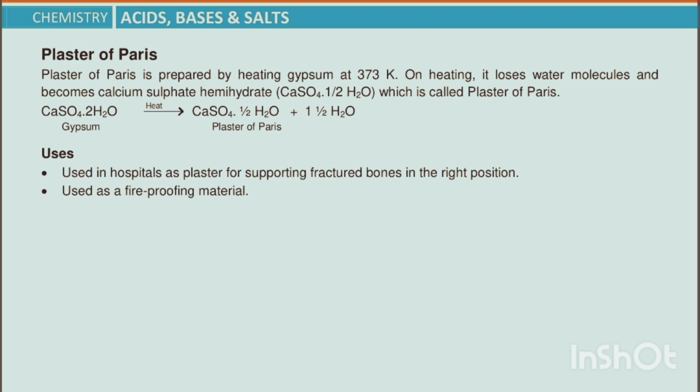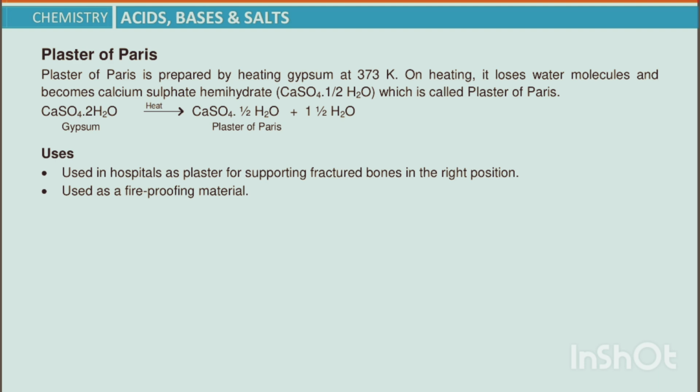We take gypsum, CaSO4·2H2O, and heat it at 373 Kelvin. On heating it gives rise to CaSO4·½H2O plus 1½H2O, that is, the hemihydrate.